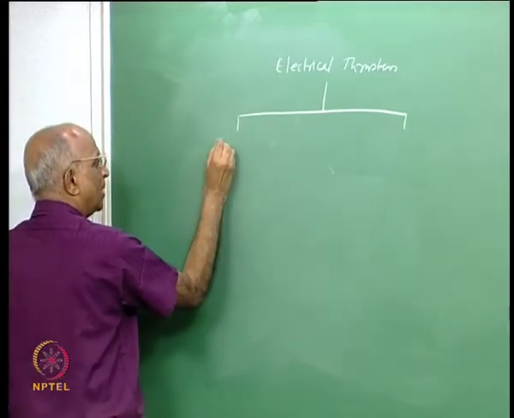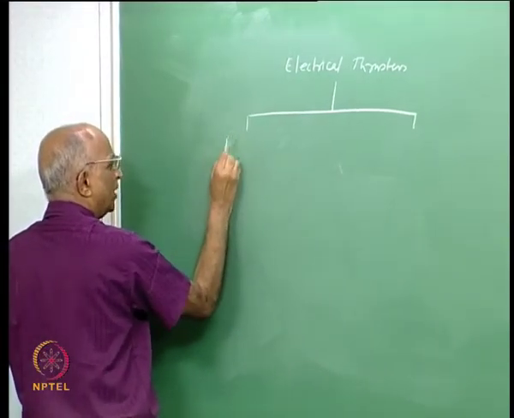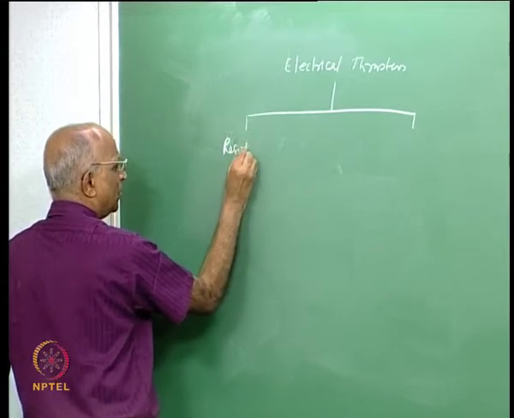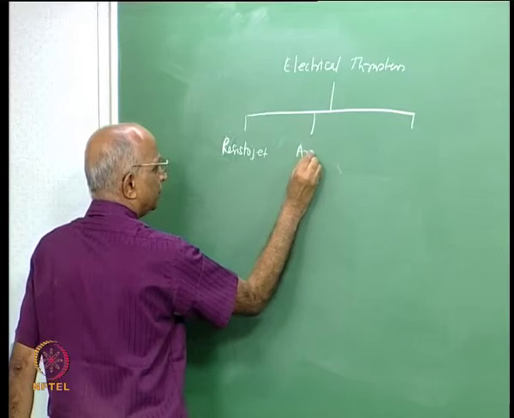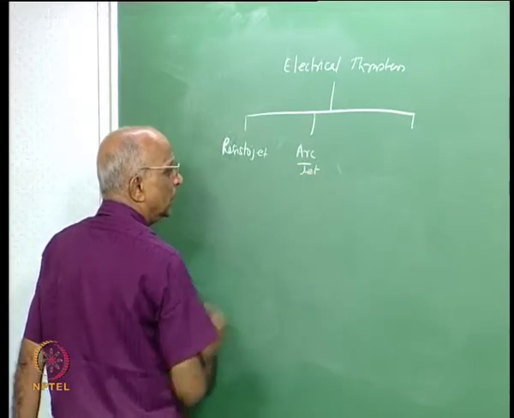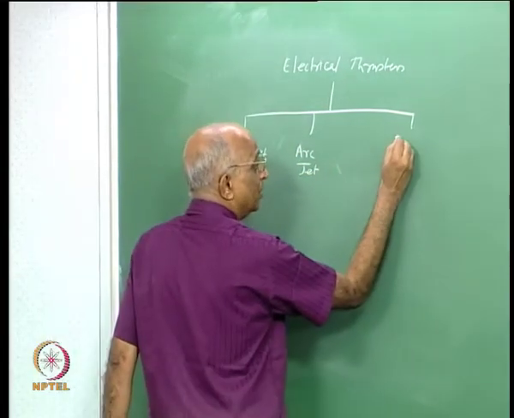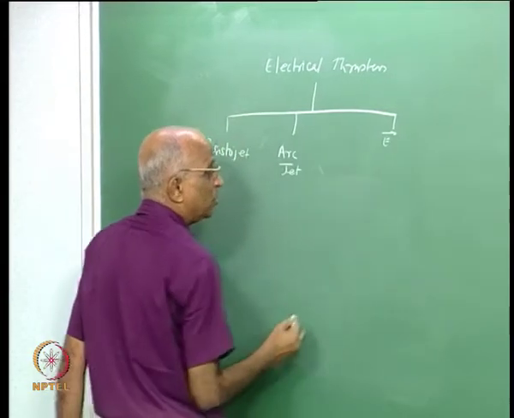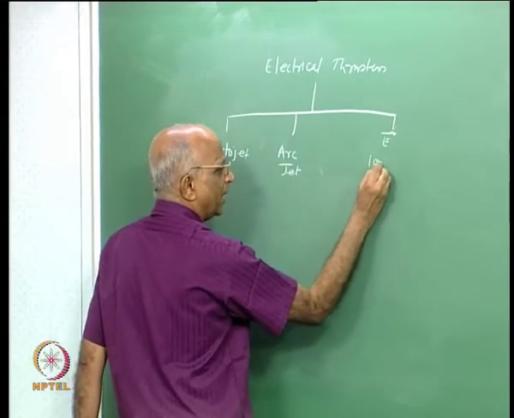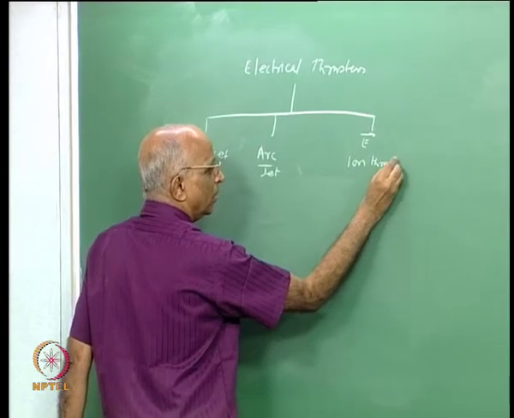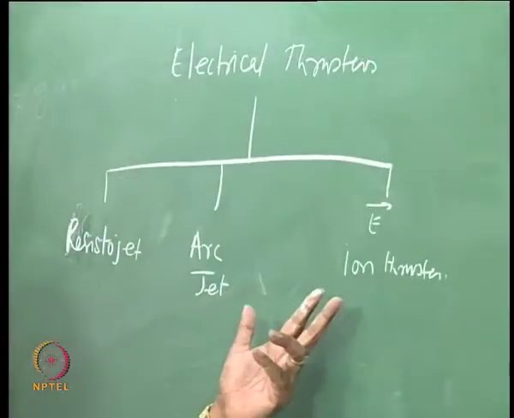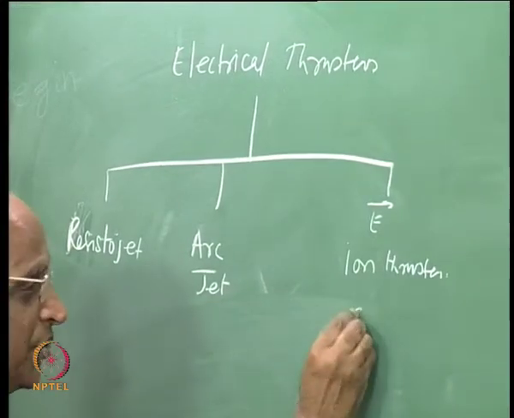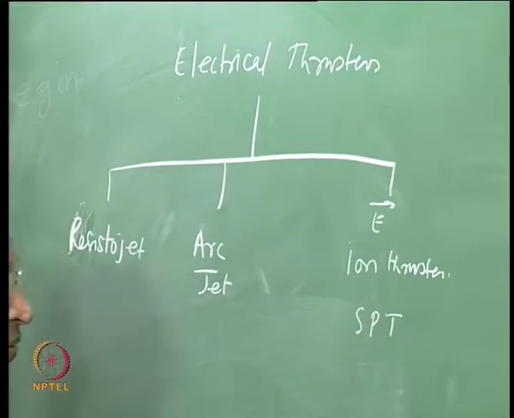It could be something like a resistojet, using electrical resistance. It could be an arc jet. Then it could also use the electrostatic principle, in which case it could be an ion thruster. It could also be a derivative of, let us say, the ion thruster, I get stationary plasma thruster or Hall effect thruster.